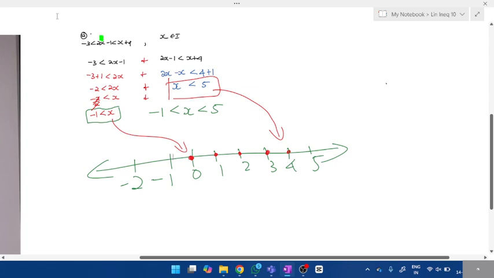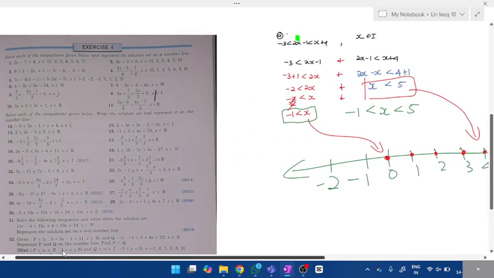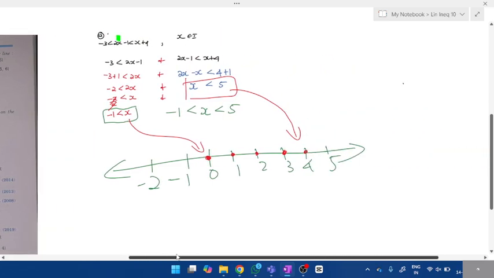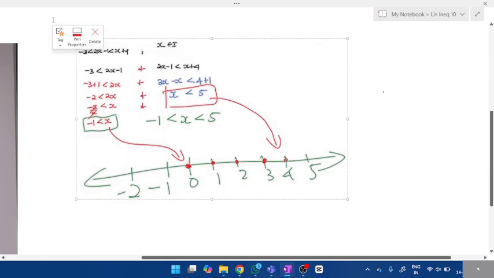Shall we try the next one? 12th is done. Are students done, or are you still solving the 12th one? Done, sir.